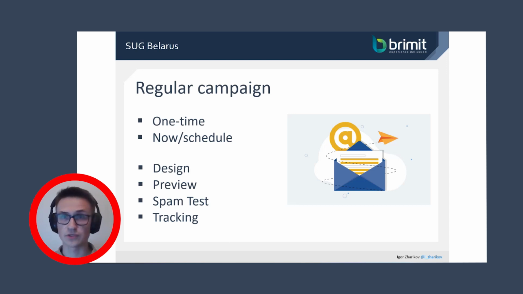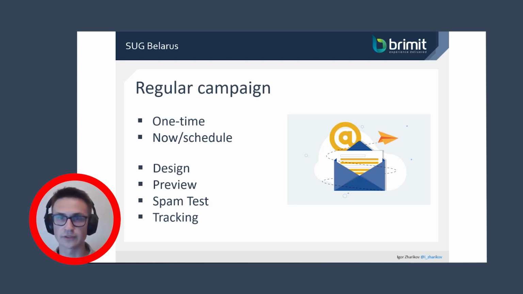But of course, it comes with all the built-in features which Sitecore Send contains. So, for example, you can design your email campaign in the built-in editor. It contains lots of predefined templates. You can use them as a base for your campaign. You can preview your campaign before sending it. You can send it now or schedule it for later delivery.